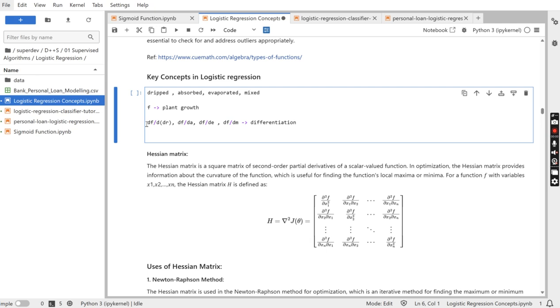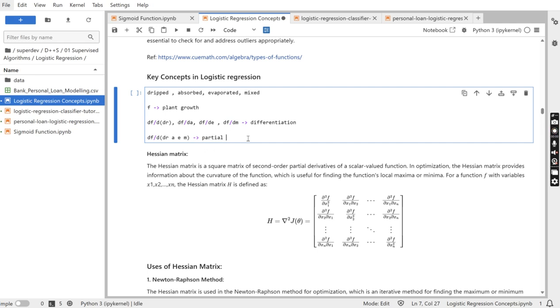If you take this df divided by dr, and you have A also, E also, M also, out of these four parameters, how much of this function gets impacted by only one? You have to consider only one. For full differentiation you consider everything; for partial you consider only one parameter. That is partial.